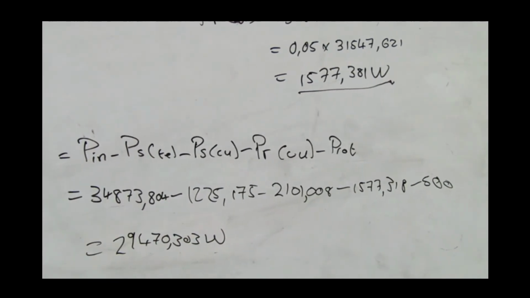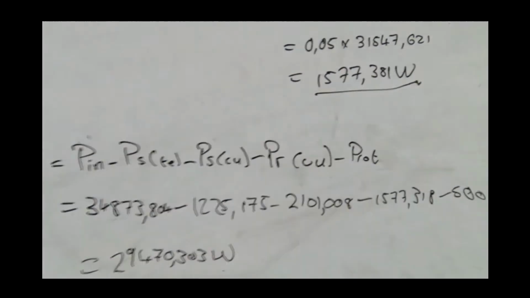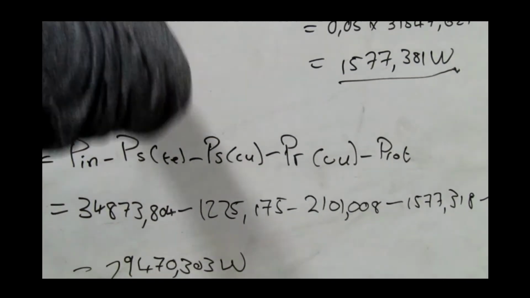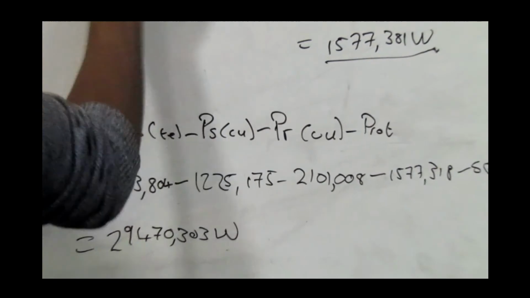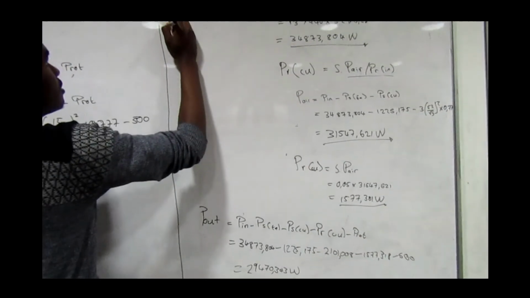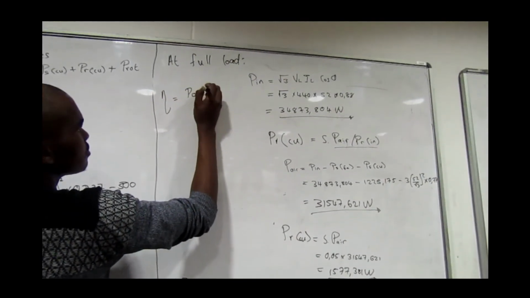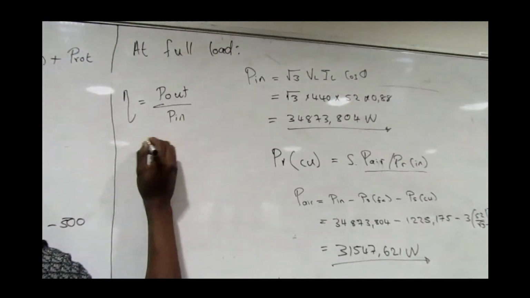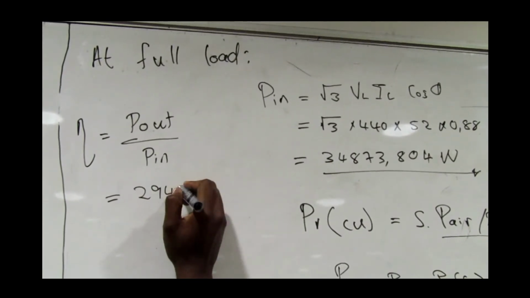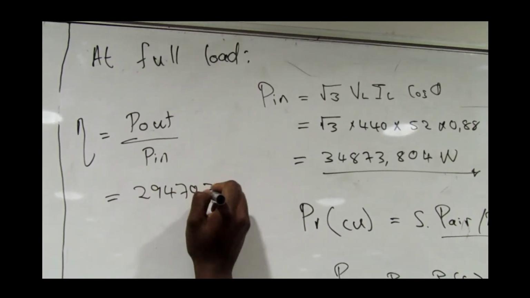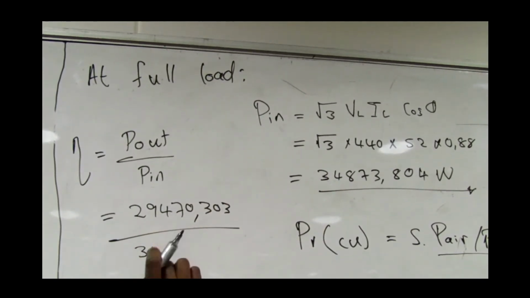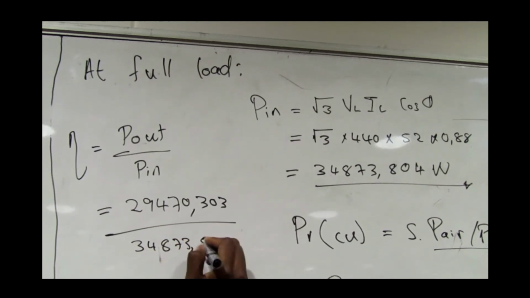Now to calculate the efficiency of this guy, as you know, our formula for efficiency is P out divided by Q, which equals 29,470.303 divided by our input power, which is 34,873.804.